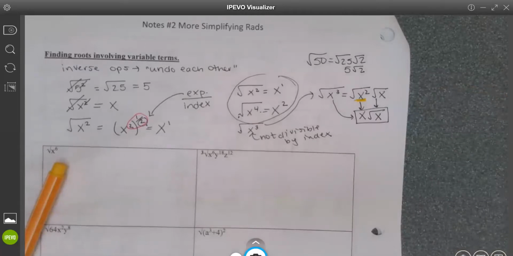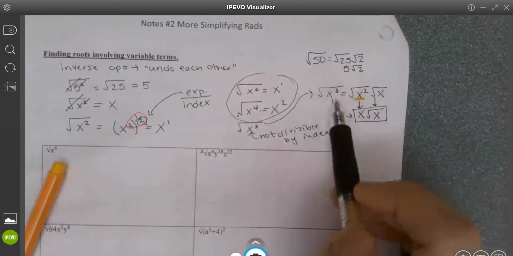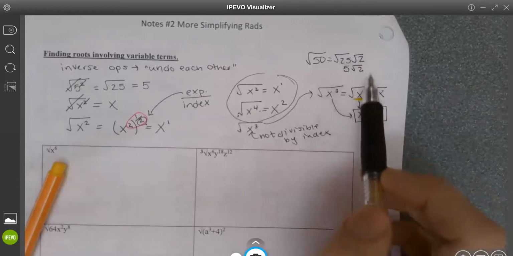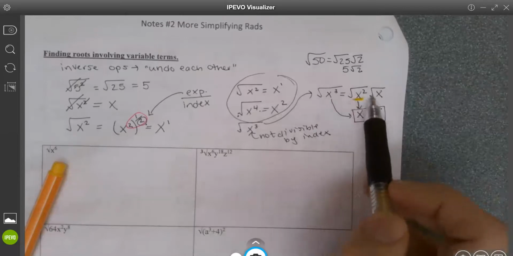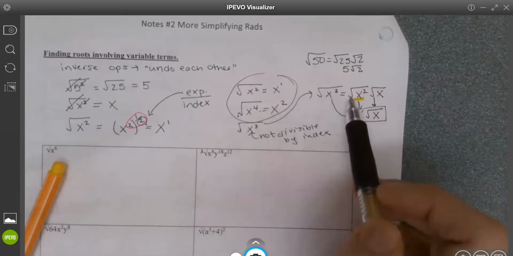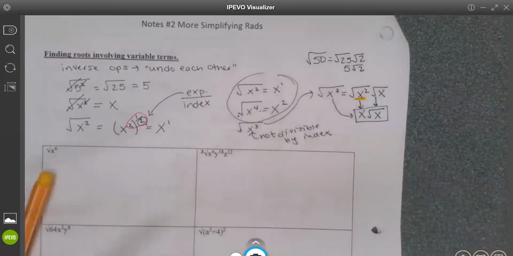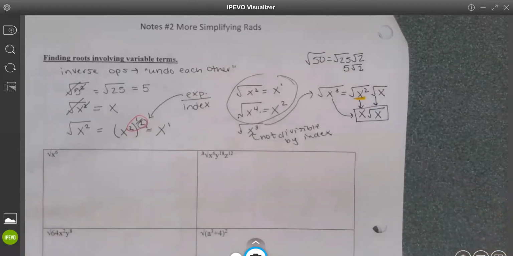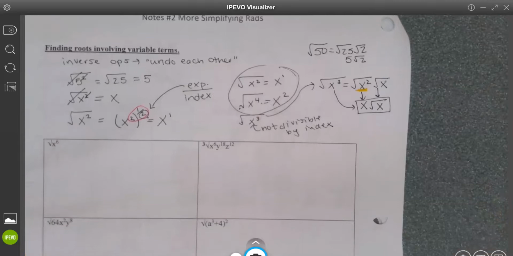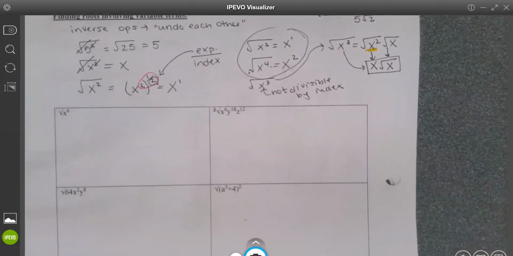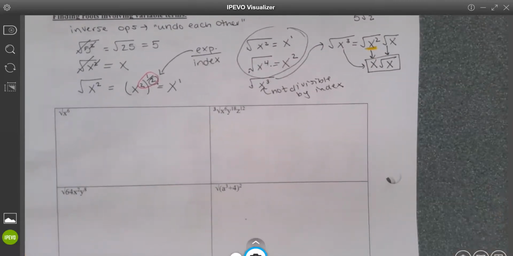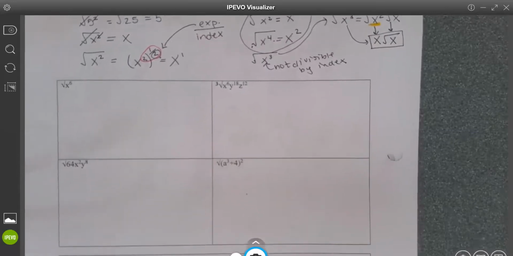So we are still simplifying with variables, and the concept is the same, where we're taking that radicand and breaking it apart into things we can, in this case, divide by 2, and things that would be left over. So I think this will become clear when we look at a few problems together. These first ones are pretty direct, and they're going to simplify really nicely, and then we're going to look at things that won't simplify as nicely.